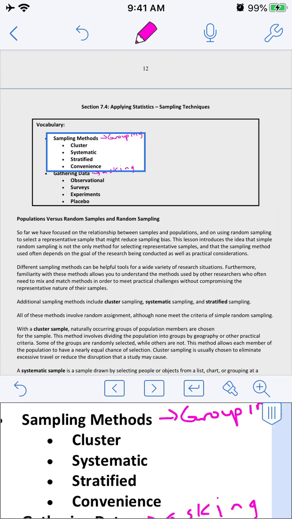Because there's a lot of schools in our district and each one has a lot of students, let's say every 50th person that I encountered. Every 50th person on the giant roster list, I would ask them. So cluster, big group. Not necessarily the whole population, but a group of the population. Systematic, every certain number.